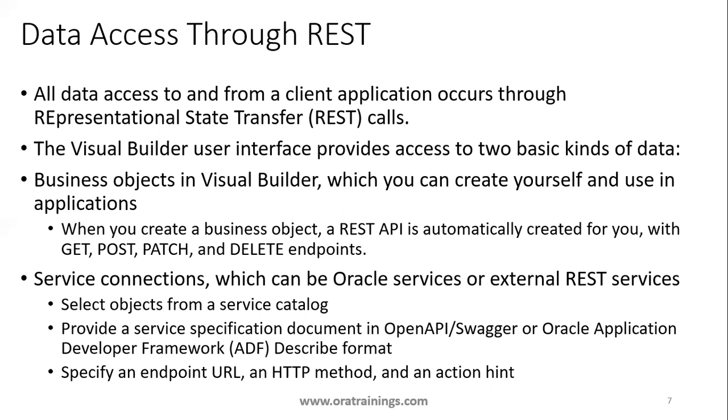But at a high level, within VBCS, if you want to design an application which does not involve access of any data from any third-party REST API, you can simply design your application using the business object within the Visual Builder application, and you can create all four operations. If you want to retrieve data from a third-party application, which involves a service connection, meaning you have a third-party system which is providing a REST API and you want to invoke it, then you need to go with the second option.